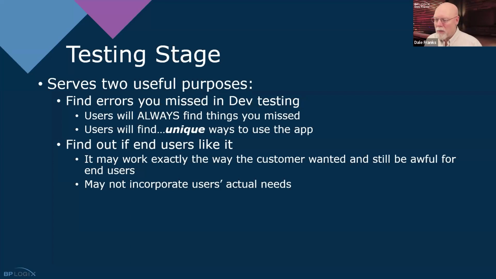Again, we get back to a theory of mind problem. You've built the app. You know how it's supposed to work. So you test it to ensure that if I use the app the way I think it's supposed to work, will the app work properly? And that's good as far as it goes. But the users do not know how the app is supposed to work.